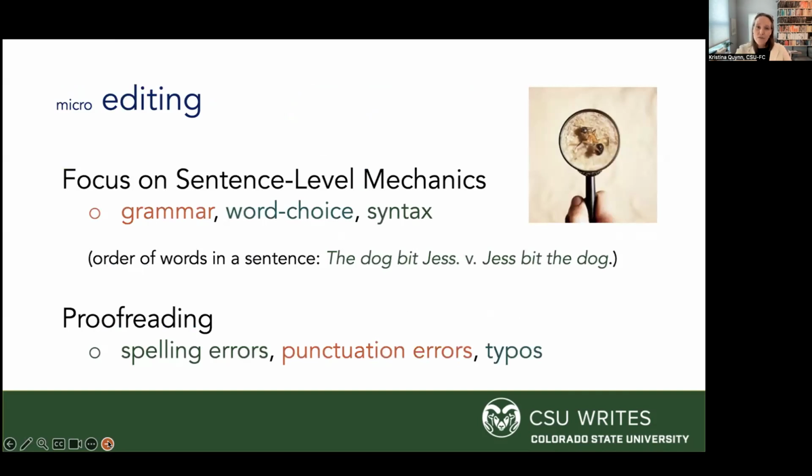Micro editing, that's where you're working at clarity and concision, not in that big arrangement of the ideas structurally, but now at the sentence level. And we're going to spend a little bit more time with that because the grammar, the word choice, the order in which the words are arranged, that syntax, makes a difference for how your readers move through your document. And proofreading for spelling errors, punctuation errors, and typos.